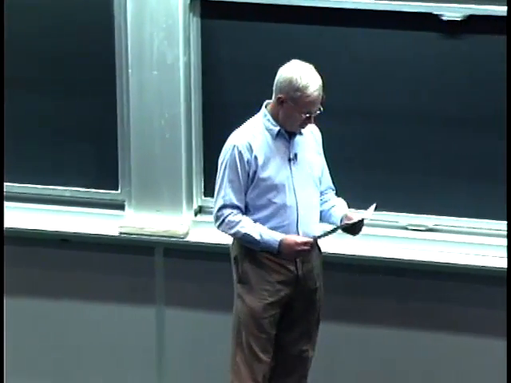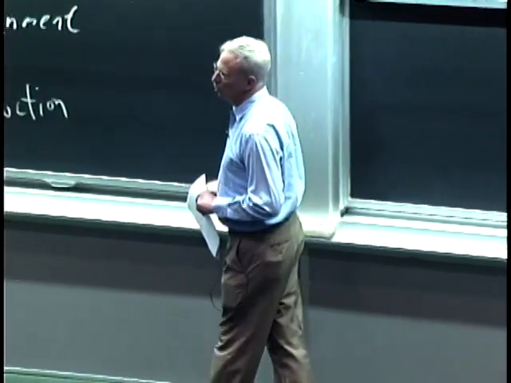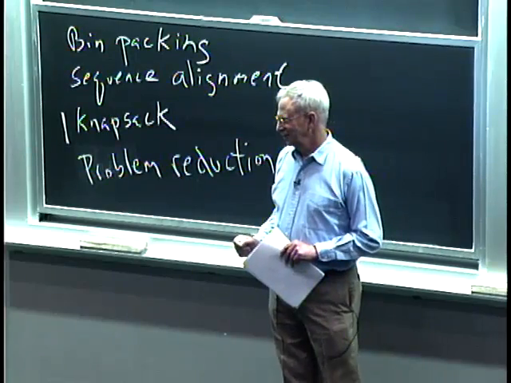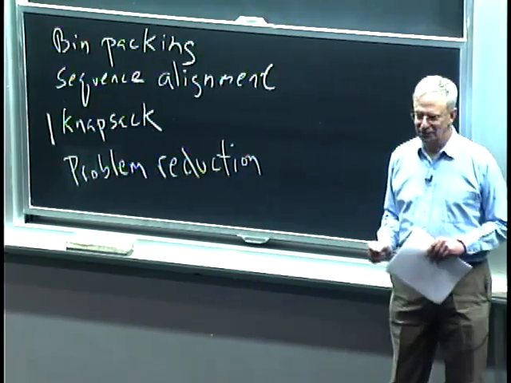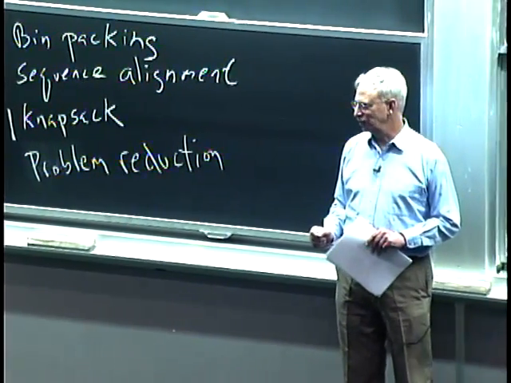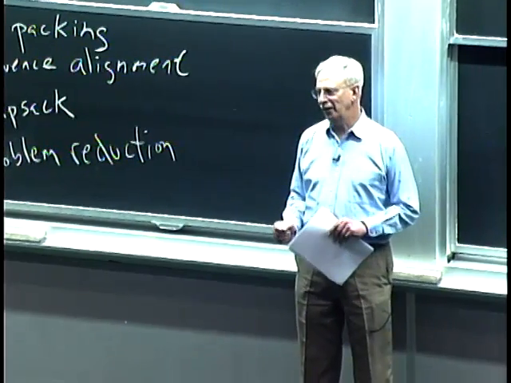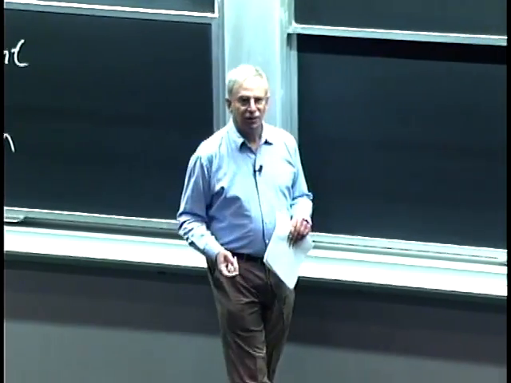Let's see, where do I want to start? Oh, yes, OK. So far, we've been looking at problems that have pretty fast solutions. Most optimization problems do not have fast solutions. That is to say, when you're dealing with a large set of things, it takes a while to get the right answer.